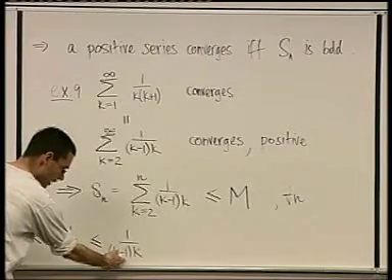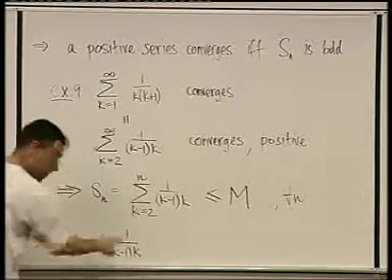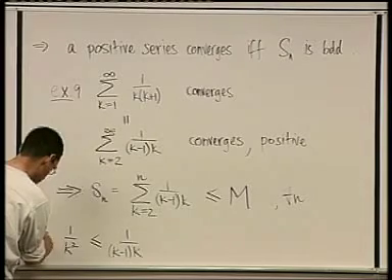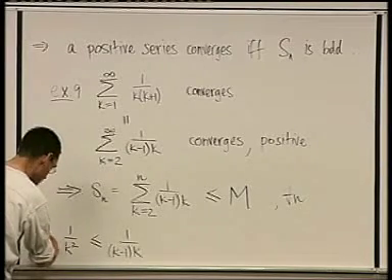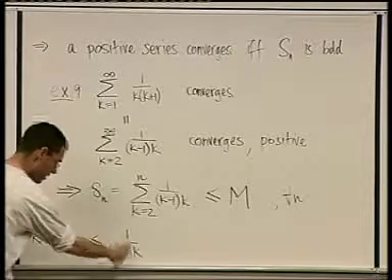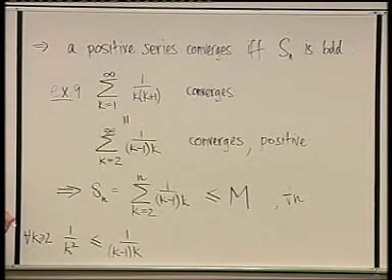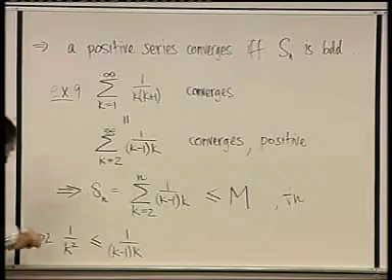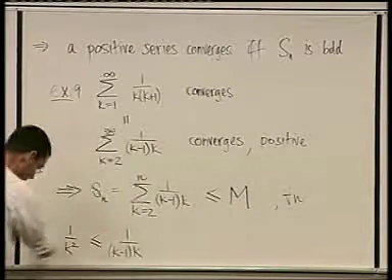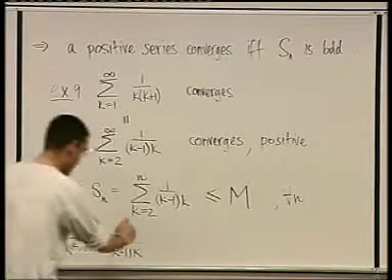Because here the denominator is smaller, so the fraction is bigger, right? But this is only true for k's which are greater than or equal to 2. If k is 1, there's an annoying 0 here, and I can't write this. Do you agree? So this is another fact, true for any k greater than or equal to 2.